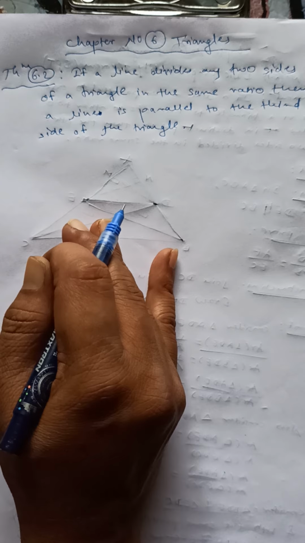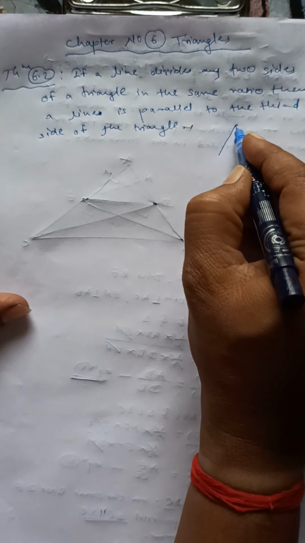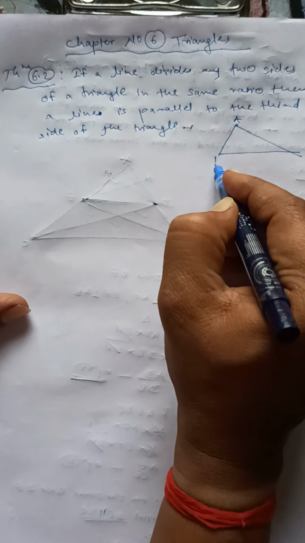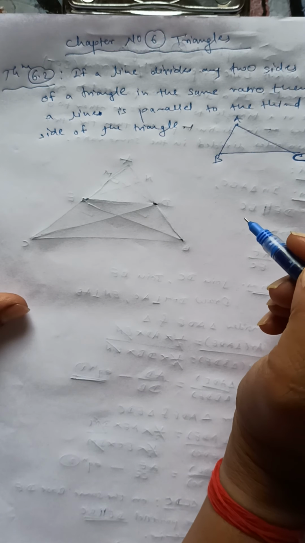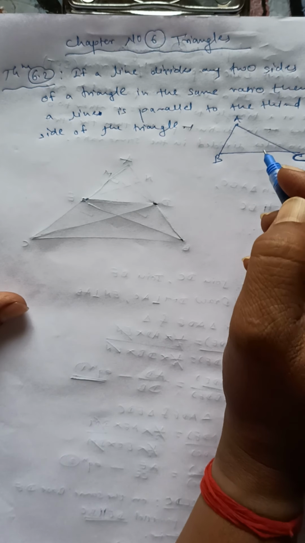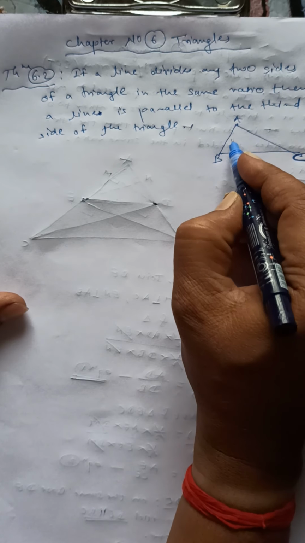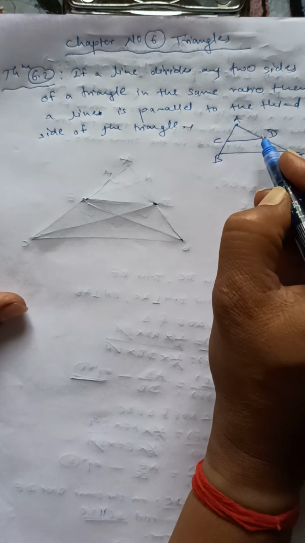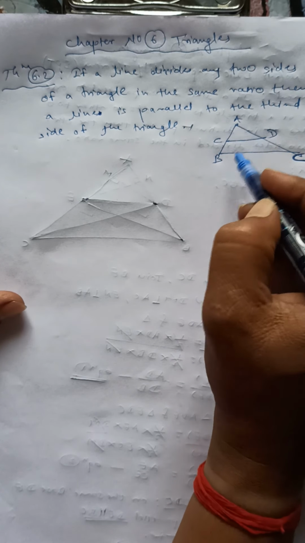It is only the converse of the theorem. Means what? Suppose this is a triangle. This triangle is ABC. ABC is a triangle. Okay. And if a line divides any two sides of a triangle in the same ratio, suppose this is line CD. This line divides the two sides of the triangle, AB and AC.